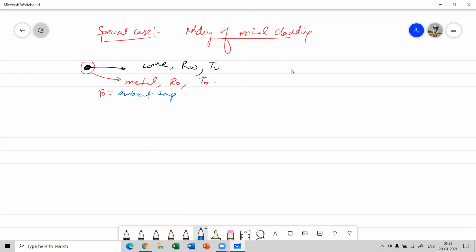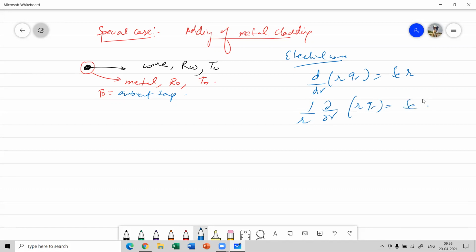Now, if you refer to electric wires, we have the equation which we derived yesterday, that is d by dr of r qr is Sc into R. So this comes out to be 1 by R del by del R of R qr is equal to Sc. So let's consider this equation.